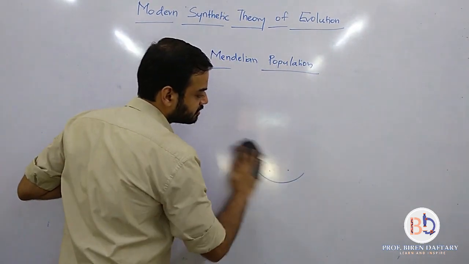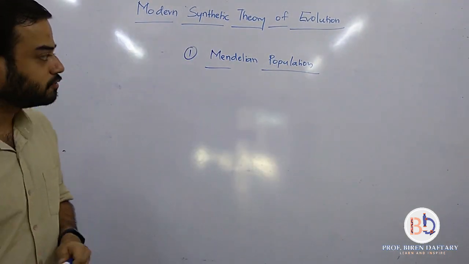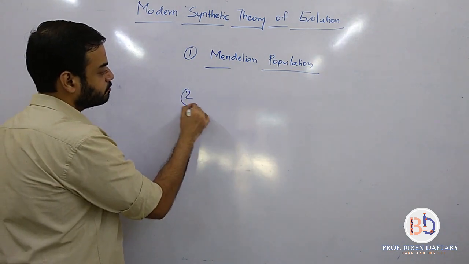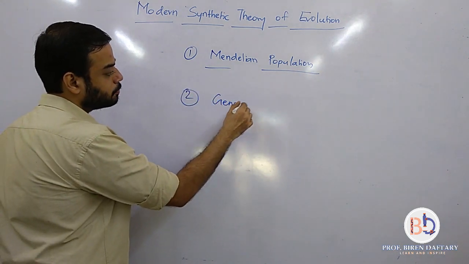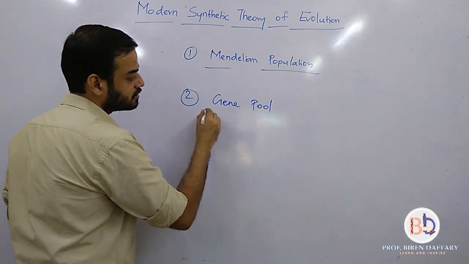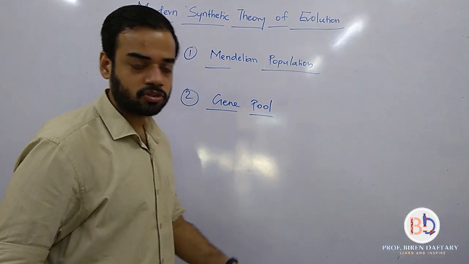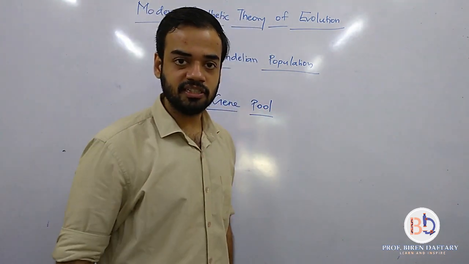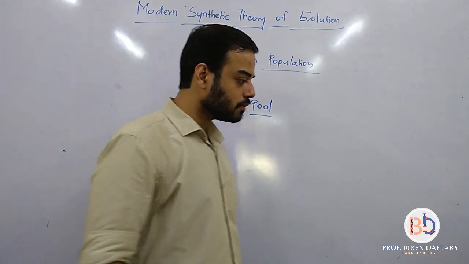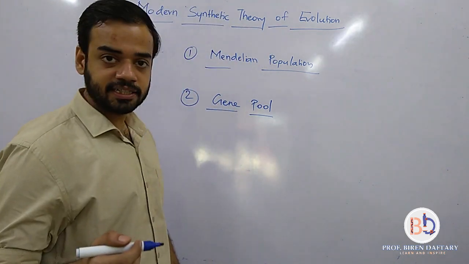The second term which is important for the modern synthetic theory of evolution is the gene pool. This is again a very important terminology. Everybody knows what a gene is, so I hope everybody knows what DNA is, right?